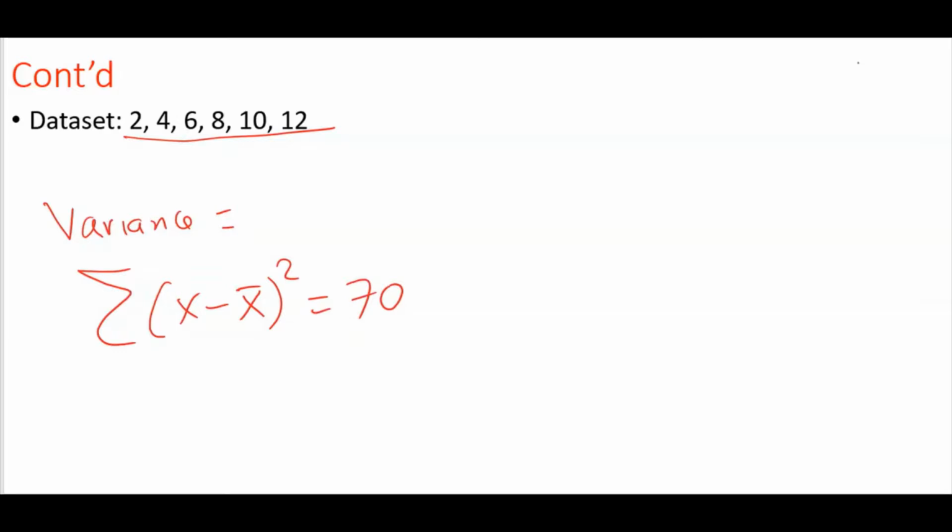In order to find the standard deviation, two things to consider.